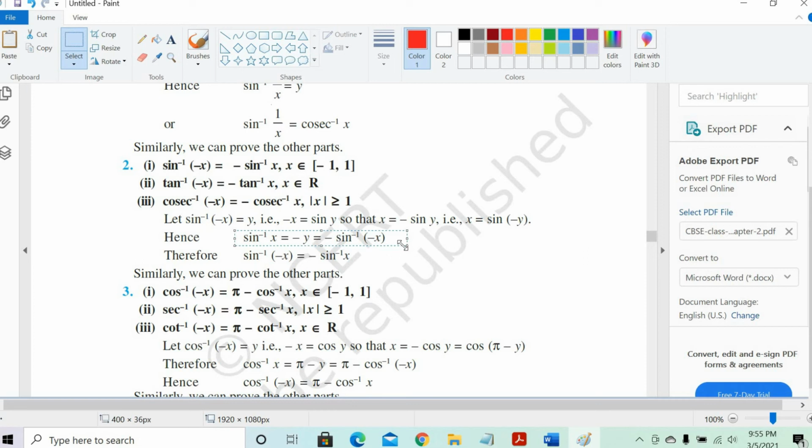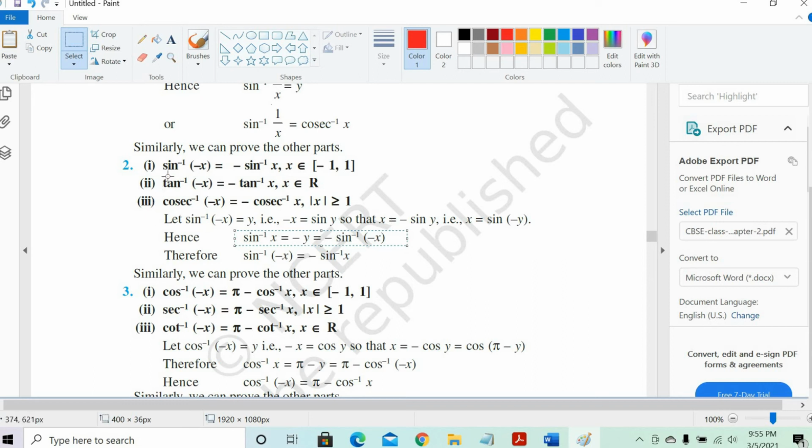Correct, no? So sine inverse of minus x is given as minus of sine inverse x. Clear? It's just a change of the minus sign only, nothing else. If you just remember sine of minus theta is minus sine theta, then you are done.